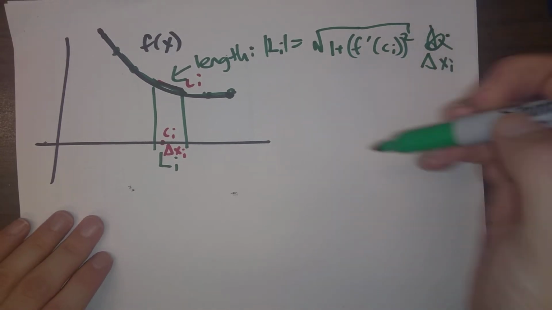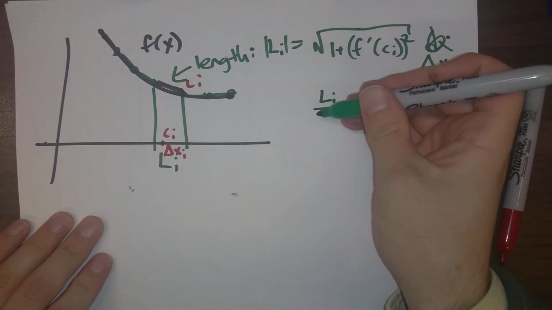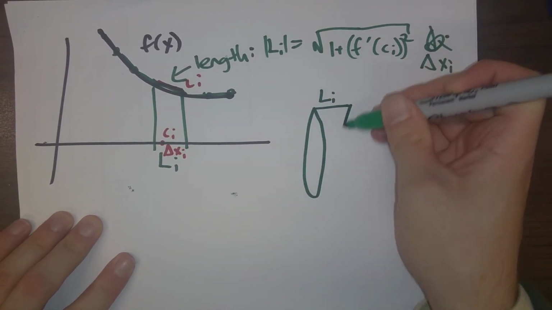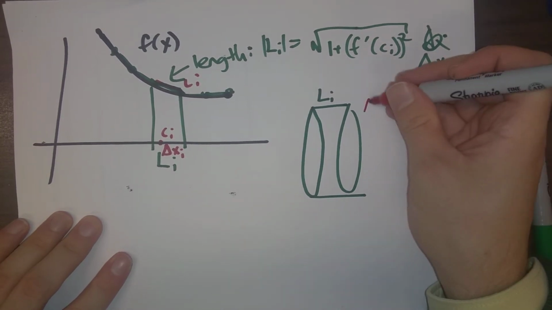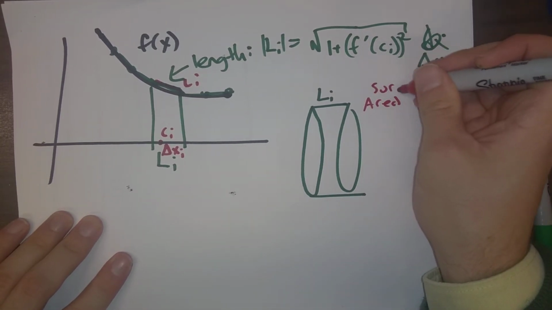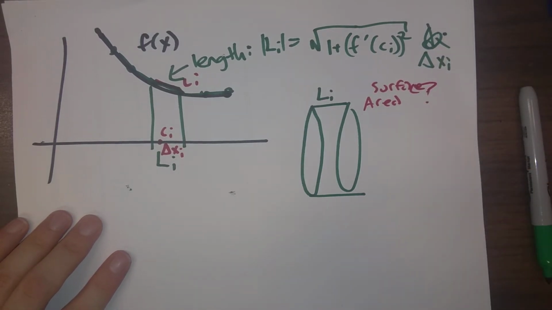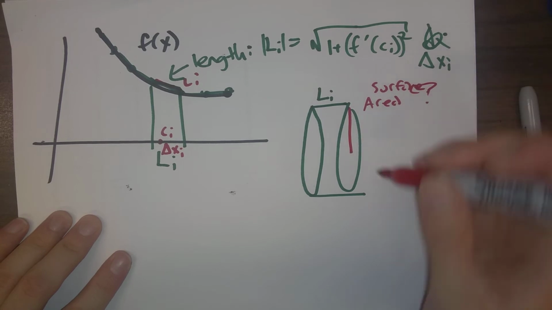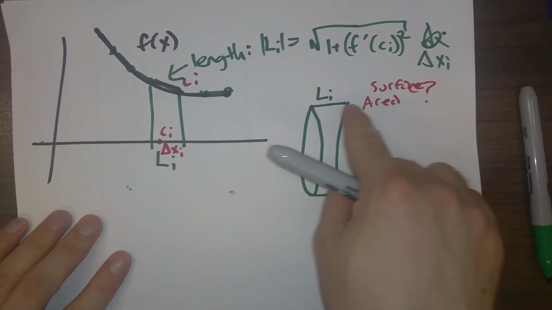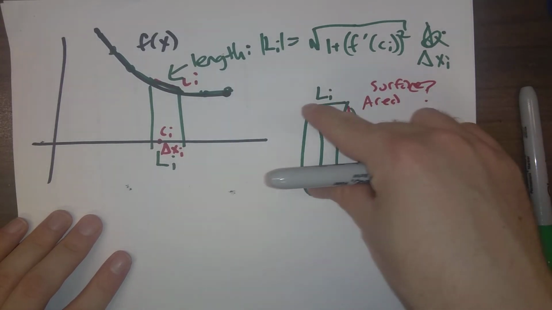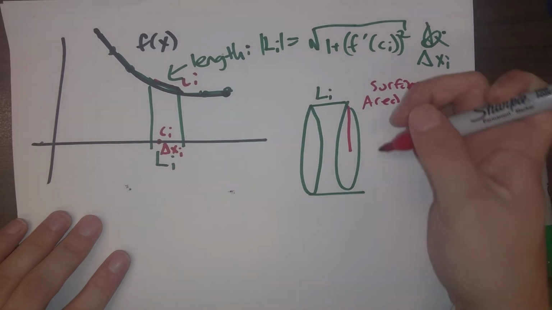Now, what happens if we have this as the length of our line segment, and we form a cylinder here? What's the surface area of this cylinder? Well, we're imagining this as a perfect round cylinder, and it has parallel edges here. So we're flattening this out in our approximation.